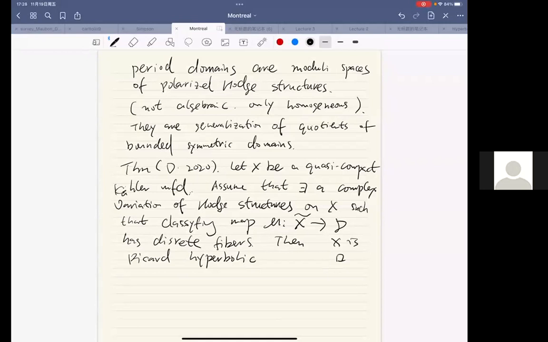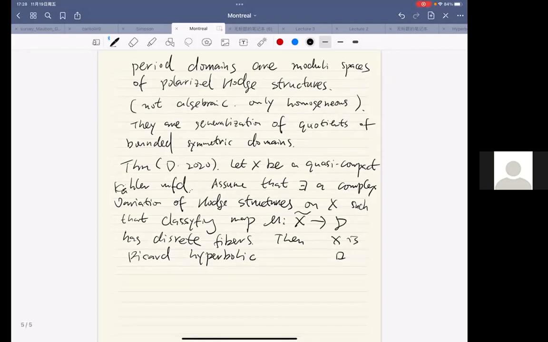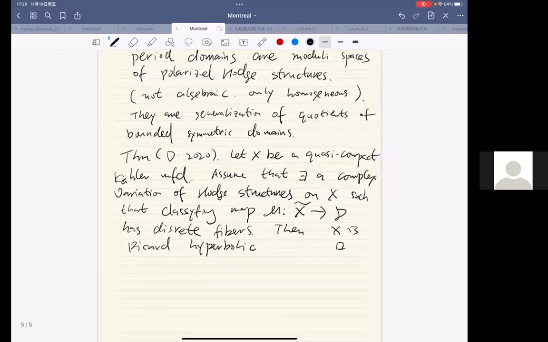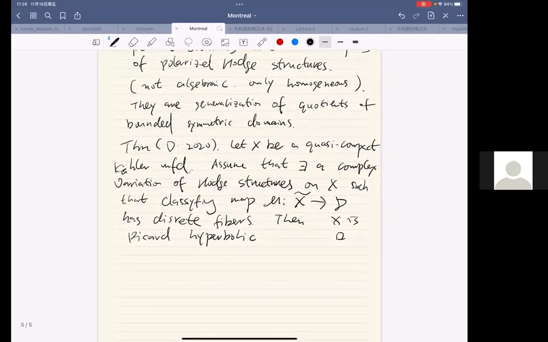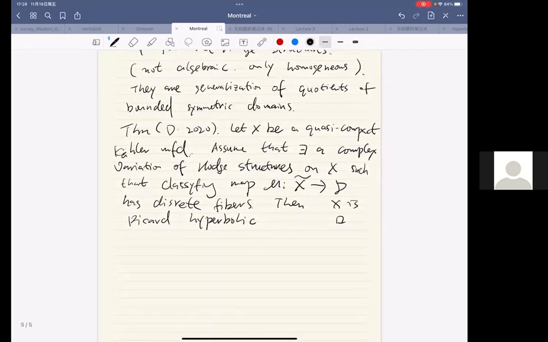Therefore, one can always construct a complex variation of Hodge structures over a quotient of bounded symmetric domains by an arithmetic lattice, such that the period map satisfies such a property. So it gives a new proof of the theorem by Kobayashi or Zhai. But today I want to talk about something more, since the variation of Hodge structures is not the most general statement. I think the more general statement is Higgs bundles, and I will talk about this.